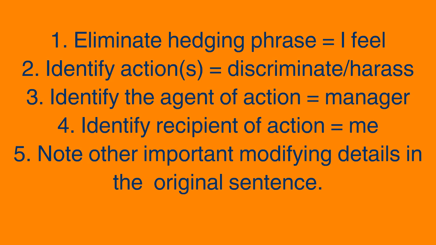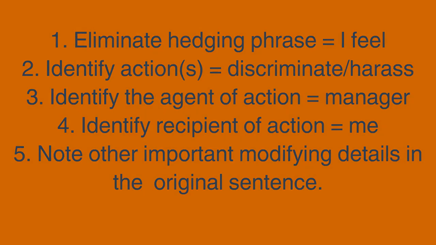First, you need to eliminate the hedging phrase, I feel. Next, identify the primary actions that occur in this sentence. Discriminate and harass. Next, identify who did those actions. In this case, the manager. Then we can fill in other information that the sentence gives. To revise the main part of the sentence, we can write, your manager harassed and discriminated against me, period.